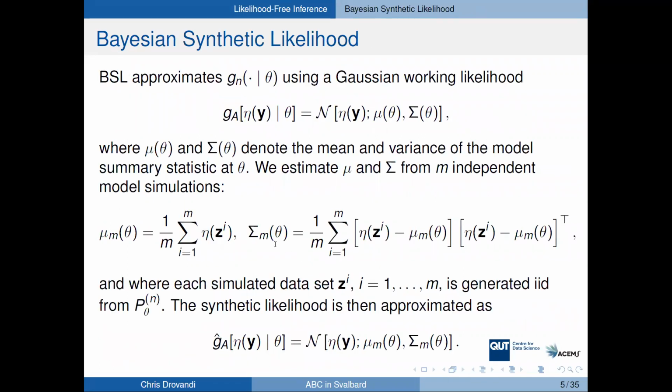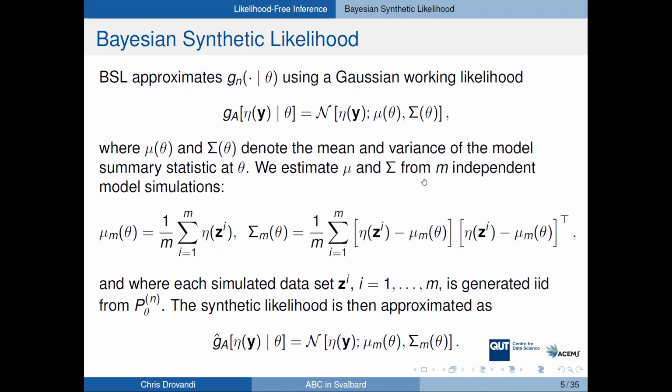And then we also have BSL. BSL makes a multivariate normal assumption for the summary statistic likelihood. That involves a mean vector mu and a covariance matrix given by sigma. These are allowed to depend on our parameter of interest, but unfortunately, we don't know the relationships between these parameters, but we can estimate them by simulation.